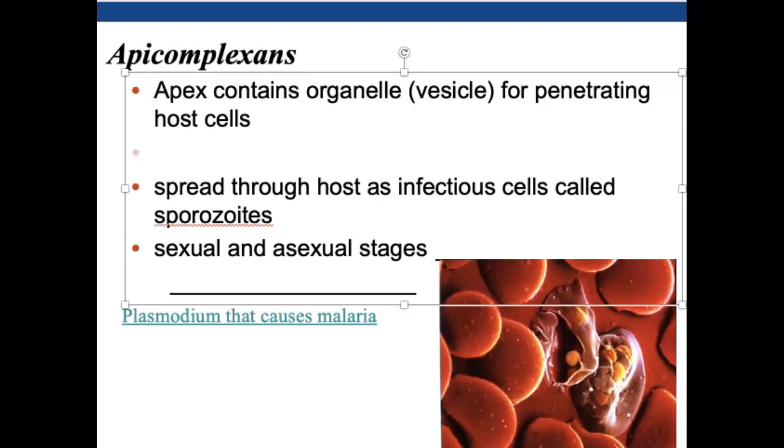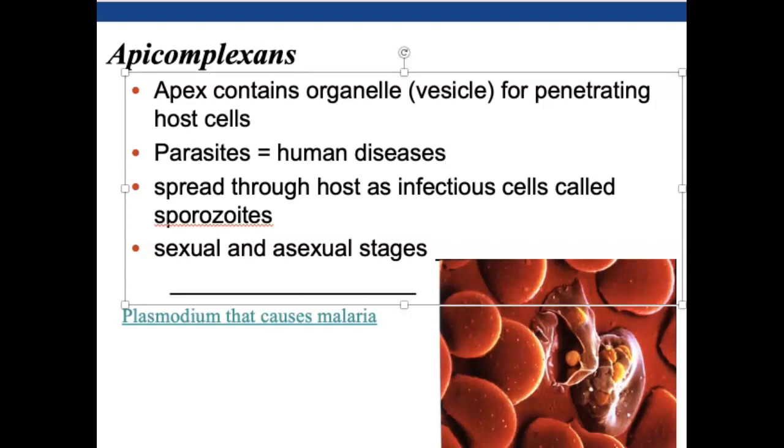So this group as a whole are going to be considered parasites. They lead to different human diseases, and they're very, very problematic. When they're in the host, they can spread inside the host through these little infectious cells called sporozoites.